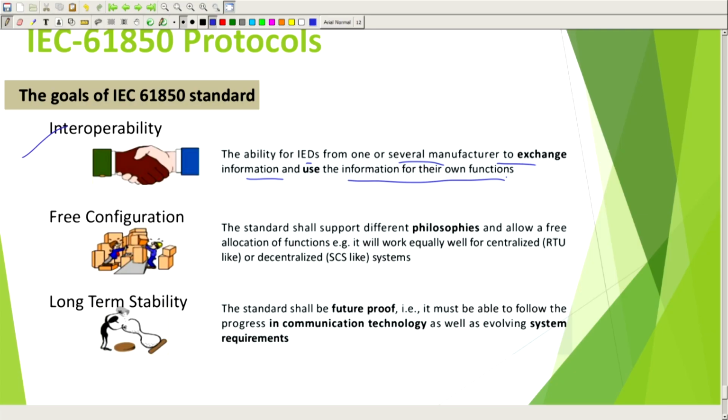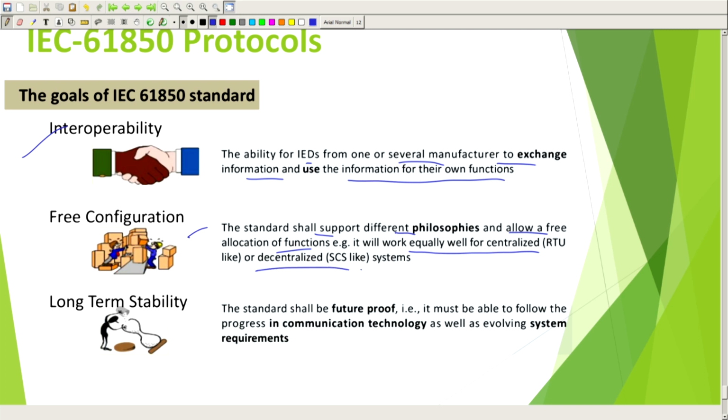So, the IEC 61850 protocol can connect multiple devices manufactured by different manufacturers. The second reason is free configuration, where the standard shall support different philosophies and allow a free allocation of functions. For example, it will work equally well for centralized or decentralized systems.